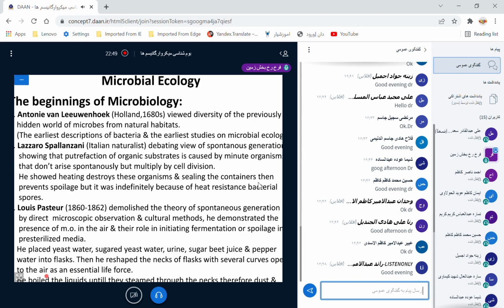So he told other scientists, see, oxygen can come to the liquids very easily. There is no oxygen problem. So we boil these liquids, and microbes cannot reach the liquid.